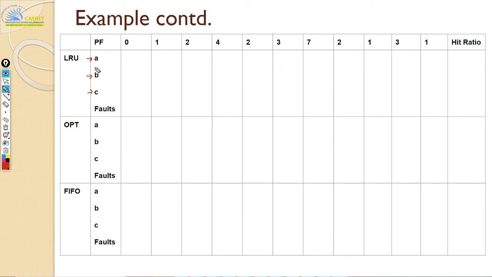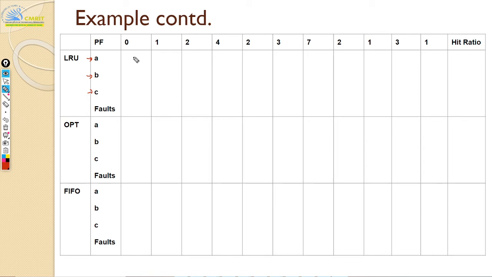In your primary memory you only have three frames, so you will have to go through some replacement, and we are following least recently used. What is least recently used? You look at the past and find whichever has the maximum backward distance. You will replace that page.